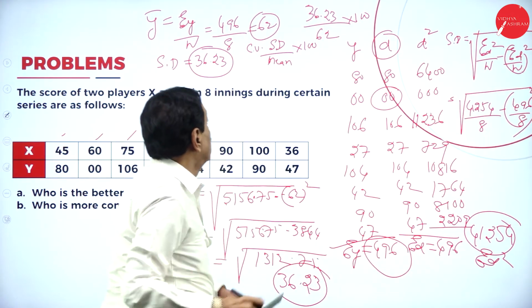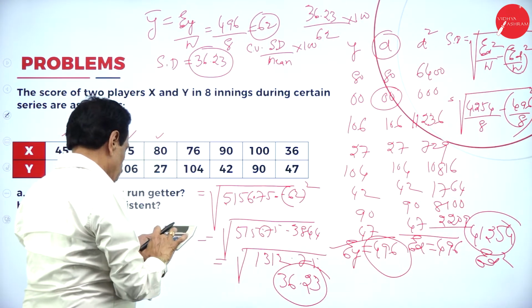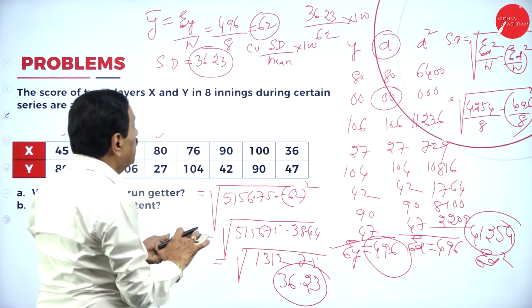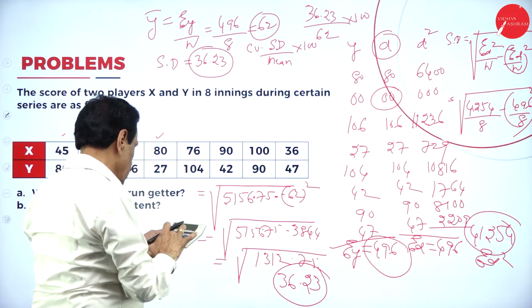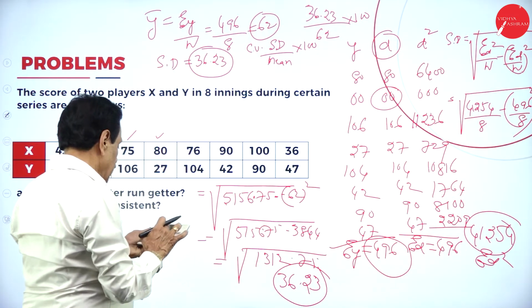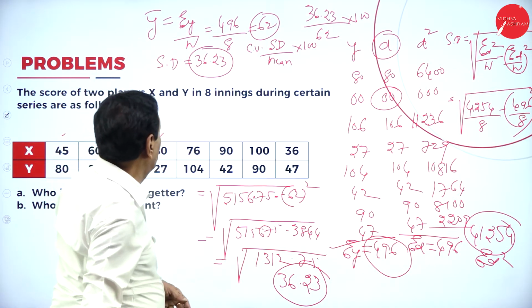That is 36.23 divided by 62 into 100, so 58.43.